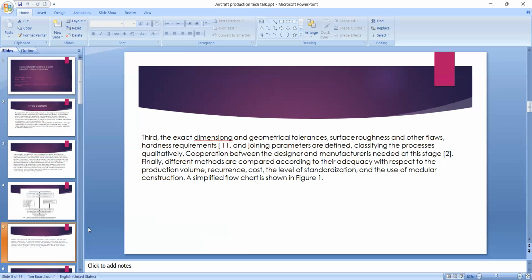Cooperation between the designer and manufacturer is needed at this stage. Finally, different methods are compared according to their adequacy with respect to the production volume, recurrence, cost, the level of standardization, and the use of modular construction. The simplified flowchart is given in the figure.